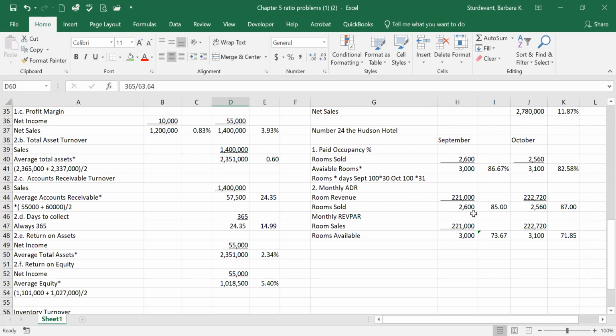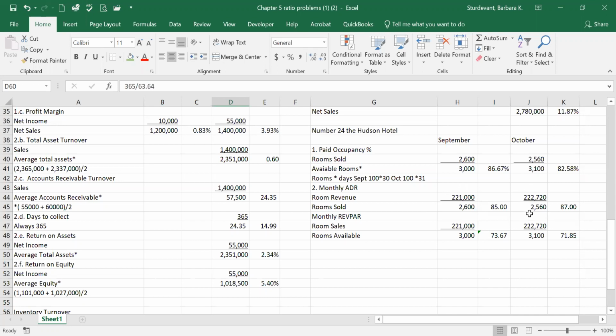ADR is based on what you sold. RevPAR is based on what you could sell. So just try to remember, RevPAR should always be a smaller number because it's a bigger number of rooms. So for this one, sales, rooms sold. So our average rate we were getting was $85.